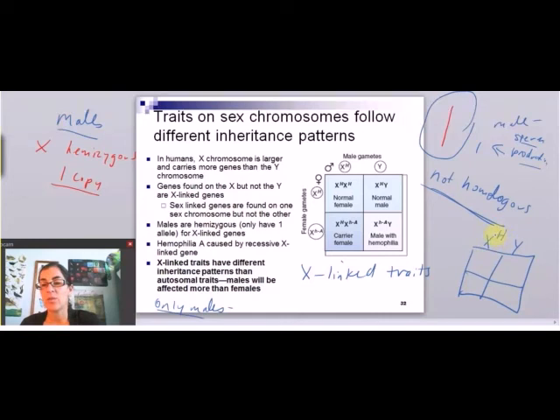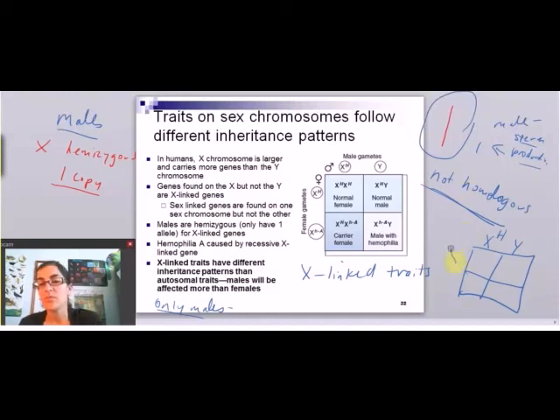So on the X, we put a little superscript for the gene. This is letting us know that it's a sex-linked trait. His Y doesn't have an H because, remember, the Y chromosome doesn't carry that information. We're just putting it there as a placeholder.